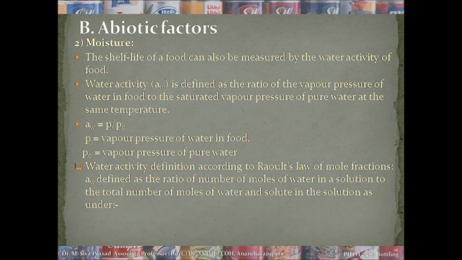Water activity is defined as the ratio of the vapor pressure of water in the food to the vapor pressure of pure water. So it is the ratio of water vapor pressure in the food to the water vapor pressure in pure water.